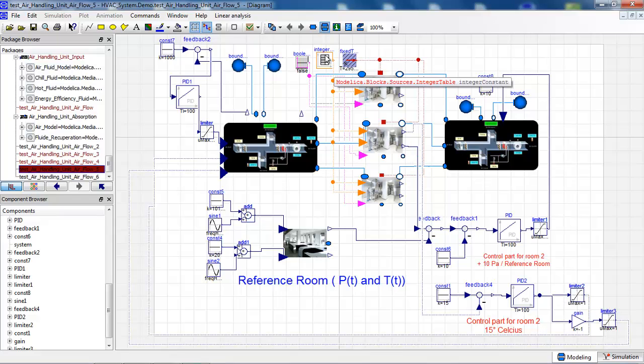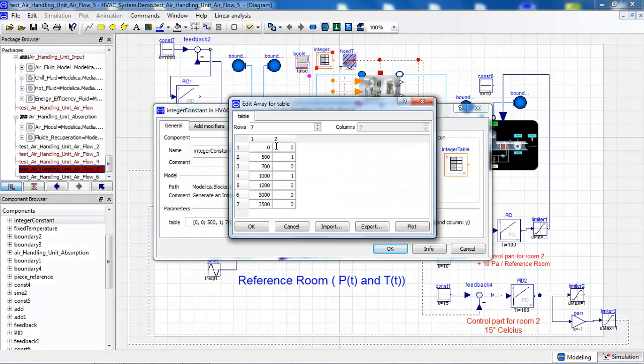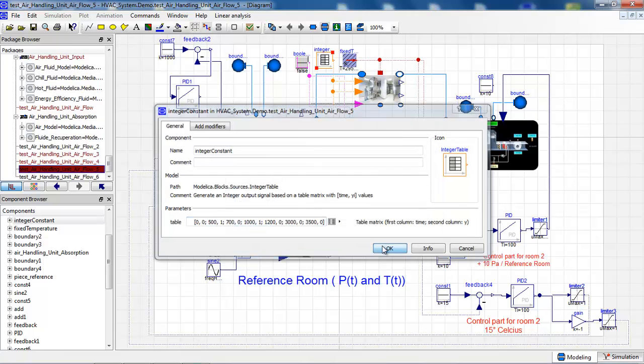I also added here some processes and some people inside my room. So at 500 seconds I will have processes on and people coming inside my room. Until 700, at 1000, same, I will have again processes on, and so on and so on.